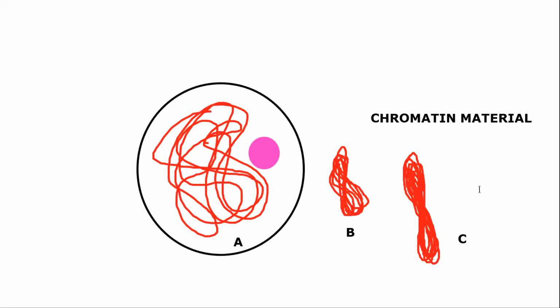So can I say among A, B, and C, C is the one which is more clearly visible? Yes. So when this chromatin material comes into the form of C, we call it with a different name. And what is this different name? This different name is called as chromosome. Yes, you heard me right. This shape, whenever the chromatin material comes in this specific shape, we call it as chromosomes.